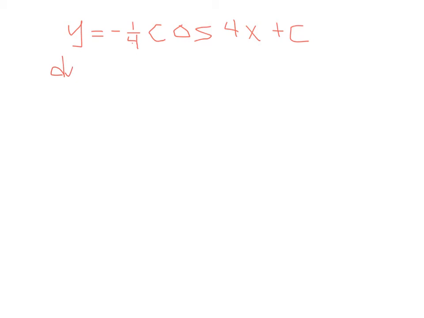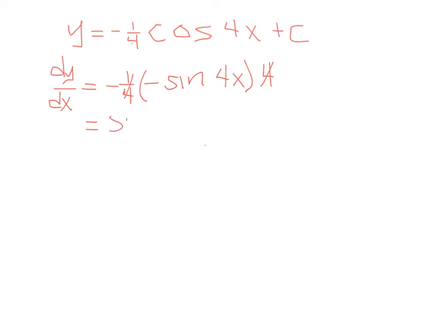So I'm going to obtain the derivative of y with respect of x, which is negative 1/4 times the derivative of cosine, which equals negative sine of 4x times the derivative of the argument, which equals 4, plus 0, which is the derivative of the constant. So as you can see, negative times negative becomes positive, and then 1/4 times 4 equals 1, and we obtain positive sine of 4x. And written as a differential will be the differential of y equals sine of 4x times differential of x.